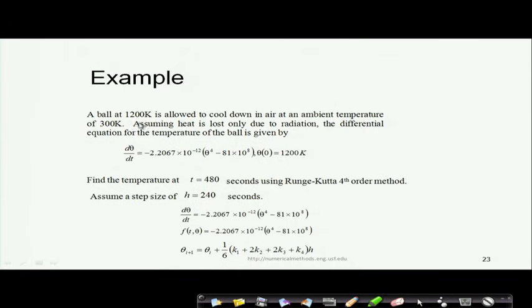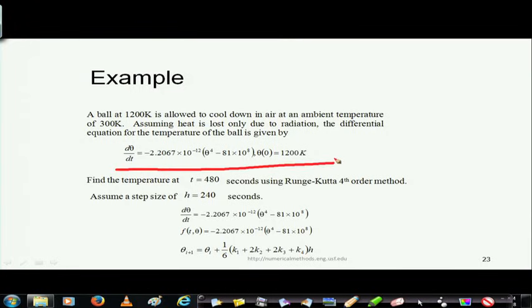Suppose a ball is at 1200 Kelvin and is allowed to cool down in air in an ambient temperature of 300 Kelvin. So, the ball was heated and is cooling down. Assuming that the heat is lost only due to radiation, the differential equation for the temperature is given here, where theta 0, we know the initial condition, is 1200 Kelvin.